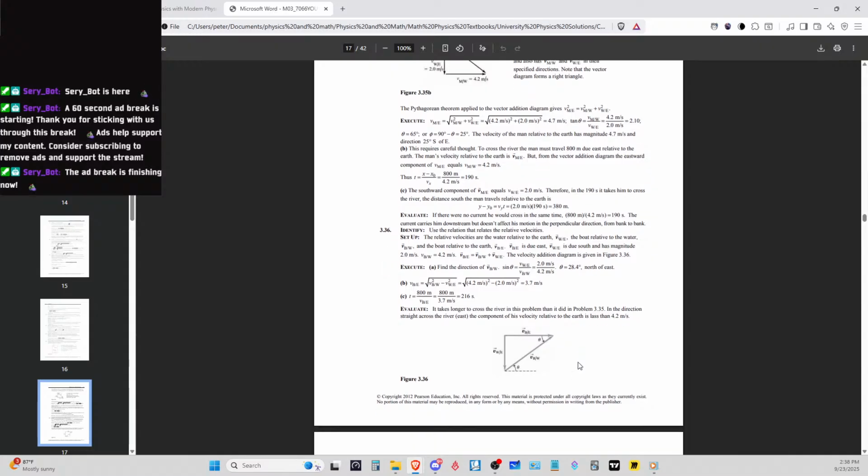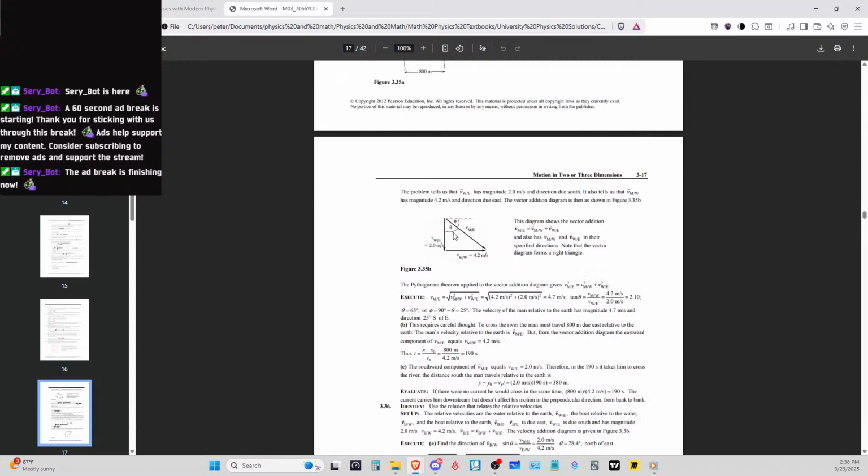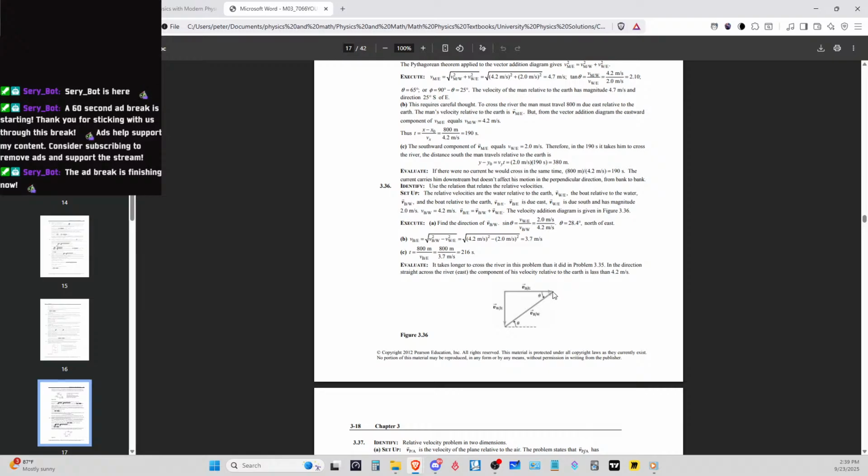Because the first one is this angle, and the starting point's here, but this one is the end point. So what do we need to do? How do you determine which angle to use?